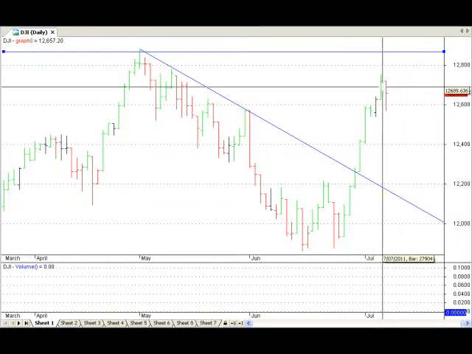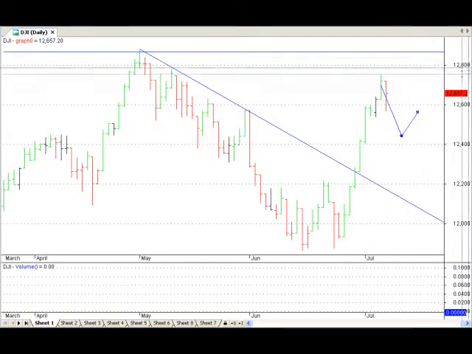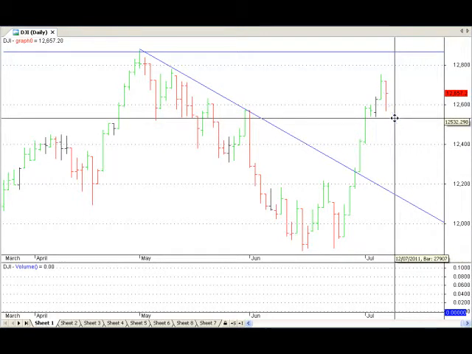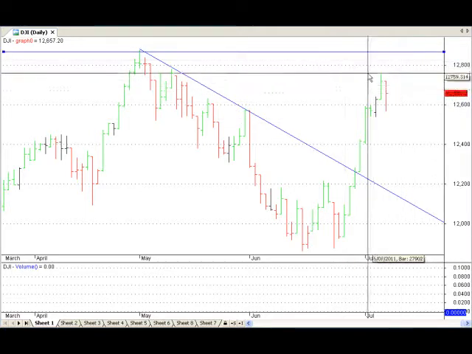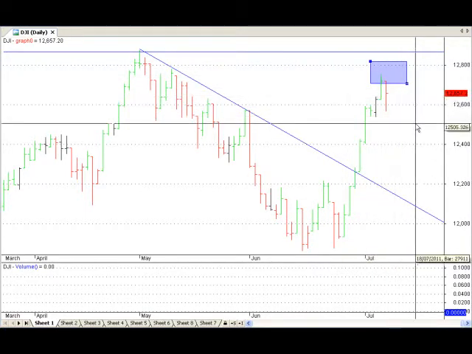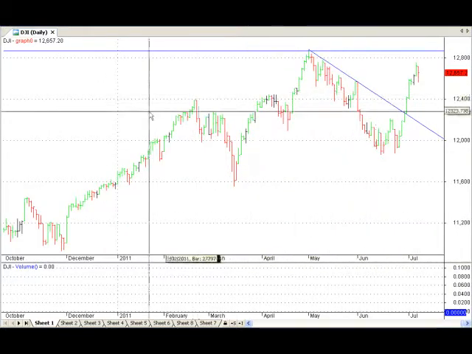So what we're looking for is a higher trough, and then we'll see where the market goes from there. It may even potentially go down. But basically, it's in a really short-term uptrend at the moment. The resistance is at 12,869, and it may find resistance before that, as it looks like it's doing at the moment. So we could be looking at more sideways action over the next couple of months.